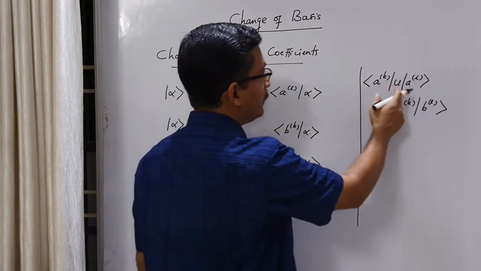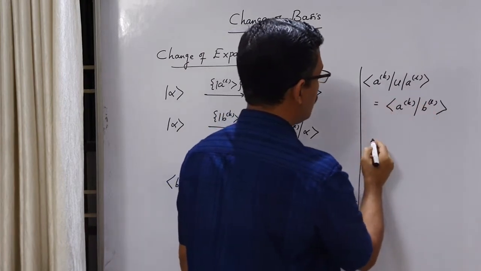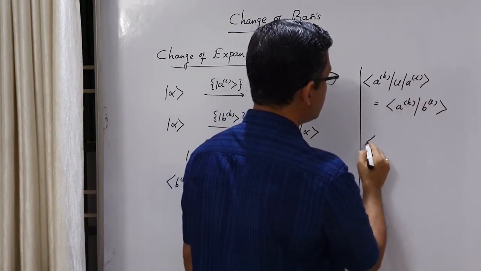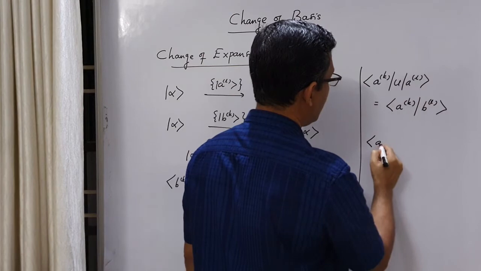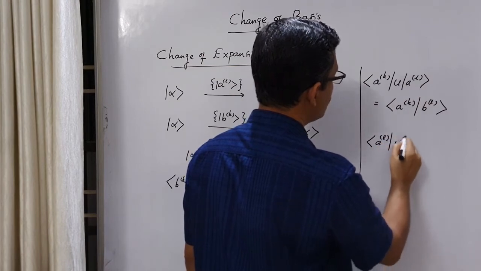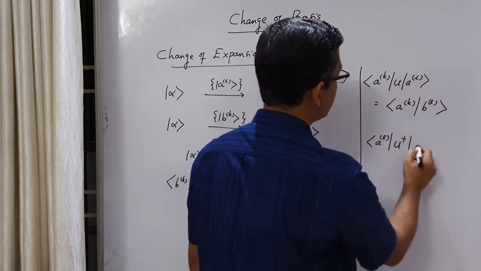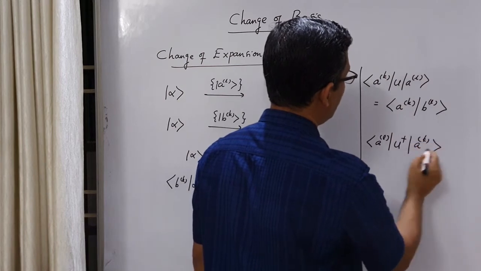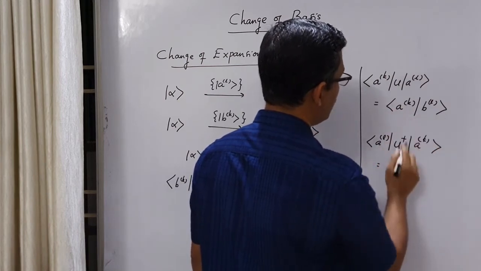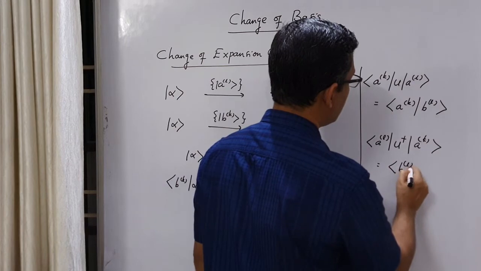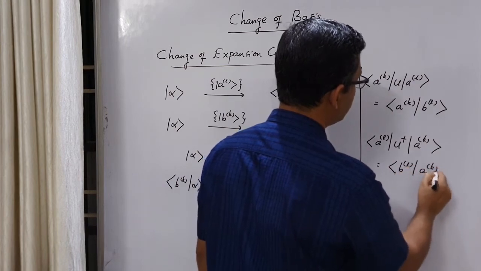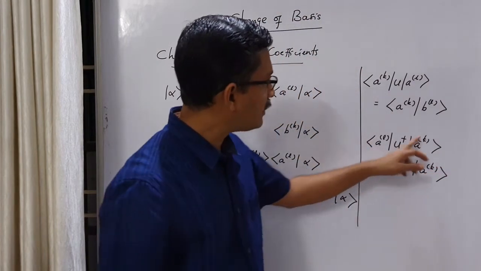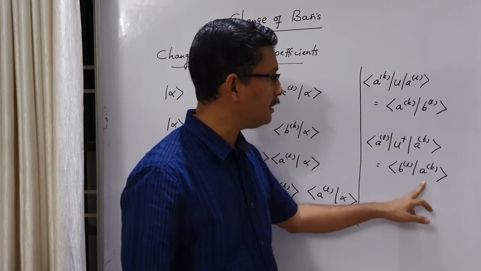For example, if we take Hermitian conjugate on both sides, on the left hand side this becomes bra vector Al, U becomes U dagger, and this becomes ket vector AK. On the right side also, these two will be interchanged, so we get bra BL, ket AK. So the Lkth matrix element of U dagger is BL AK.